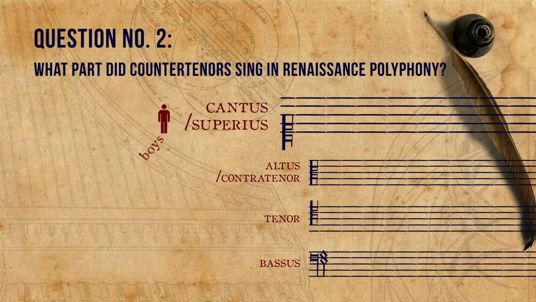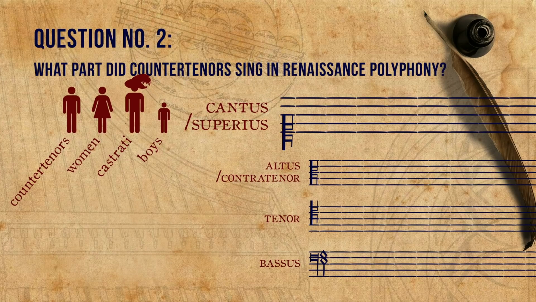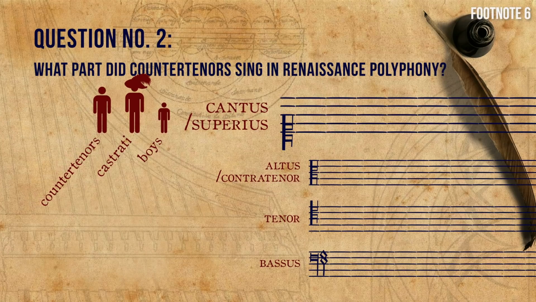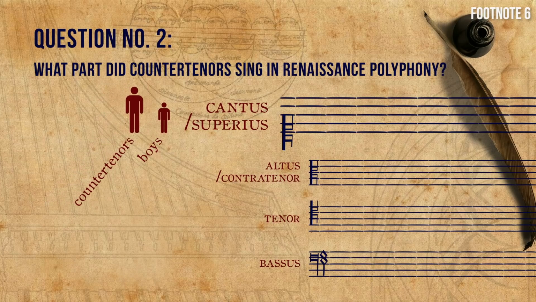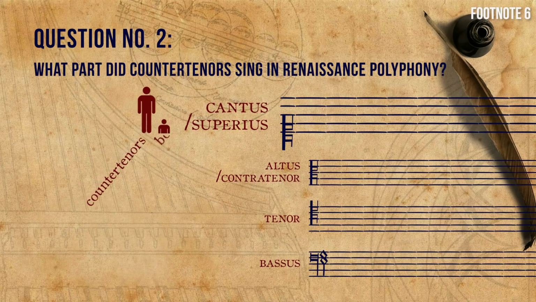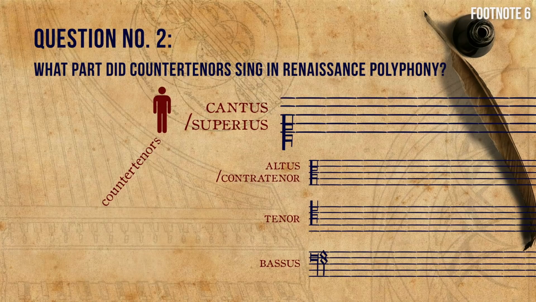It could have been either boys, castrati, women, or indeed countertenors. In some liturgical contexts, countertenors were considered the best choice, as castrati were rare and expensive, and in some contexts not approved of socially, and boys were not always as reliable and experienced as adult singers.